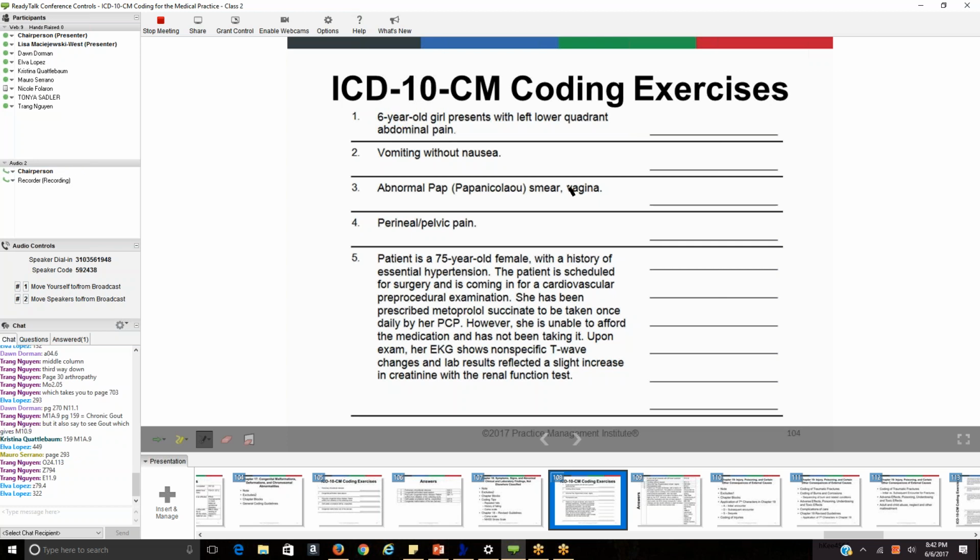Page 322. And what is the code? Somebody have the code?